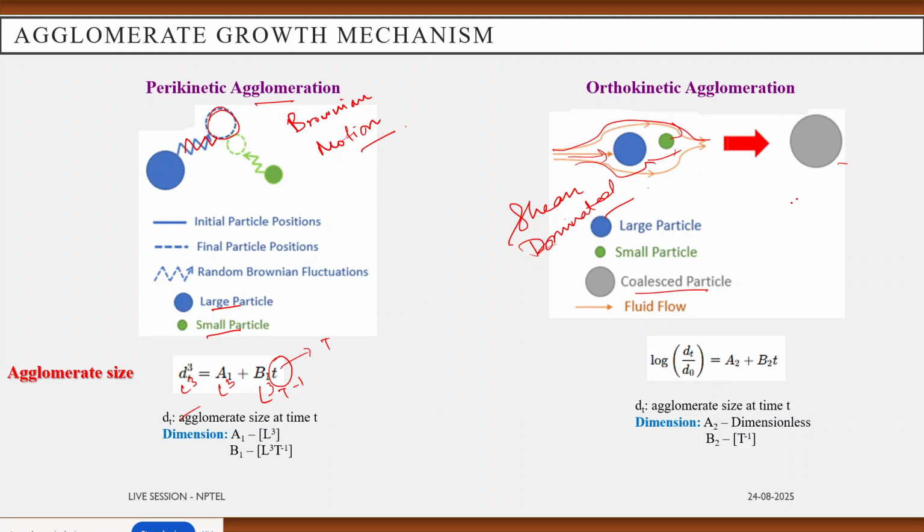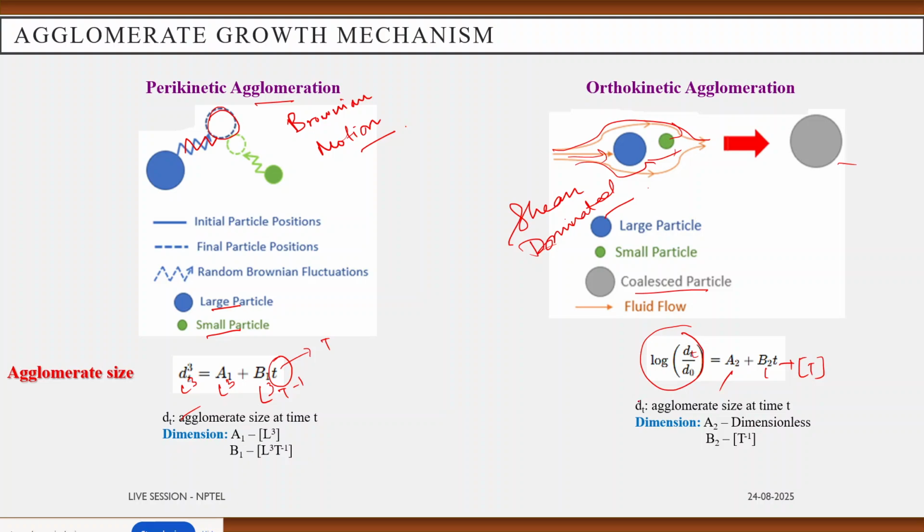So for that case, we take the logarithm of the agglomerate size at a time t to the agglomerate size at time 0, which is related to a2 plus b2 into t, where a2 is dimensionless, and b2 is T to the power minus 1, and t has dimension of T, so it will be dimensionless as a whole.